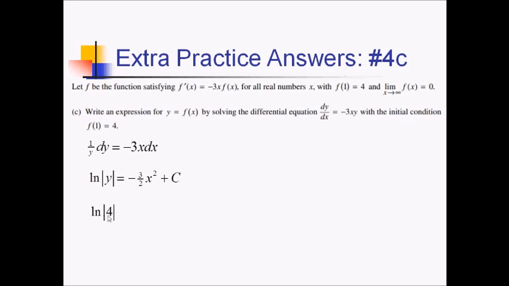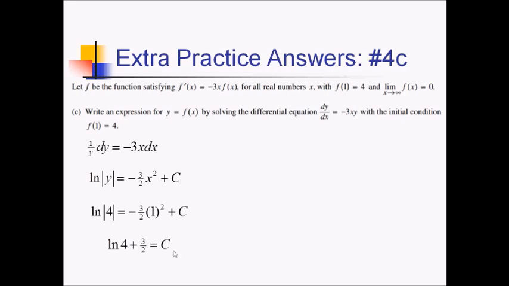And I don't really need the absolute value at that point, but I'll leave it there. And then on the right side, we have negative 3 halves times 1 squared plus c. So this is going to be just negative 3 halves plus c on the right side. If I add that over on the left side, I've got ln of 4 plus 3 halves. And that's my c value.